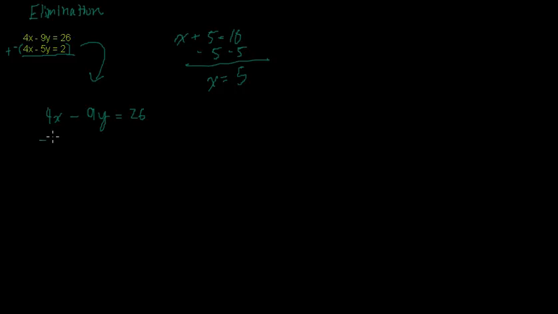So now we have negative 4x plus 5y is equal to negative 2. So it's like viewing it as opposite. Whatever used to be one way is now the polar opposite. So now we can view this as just adding.